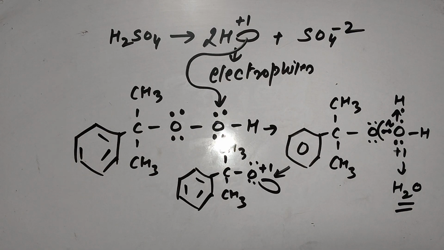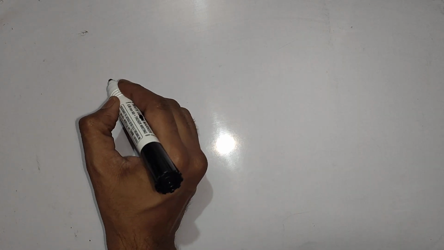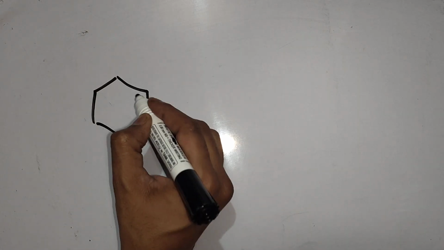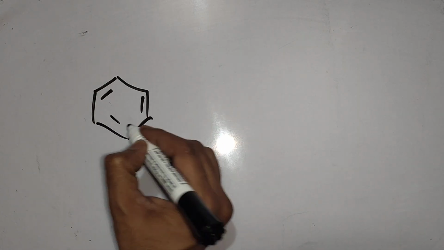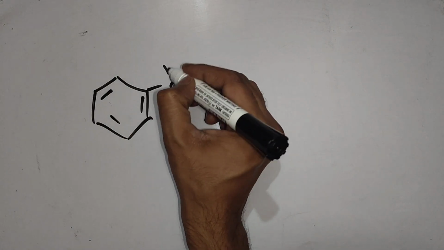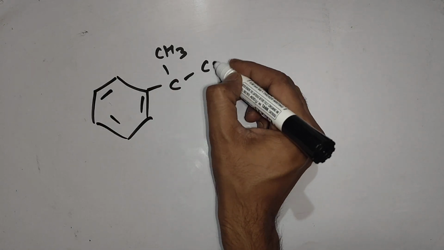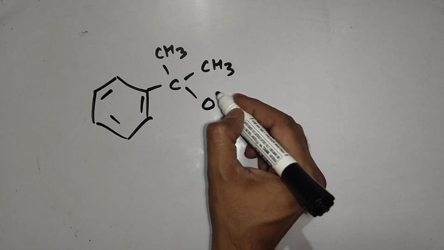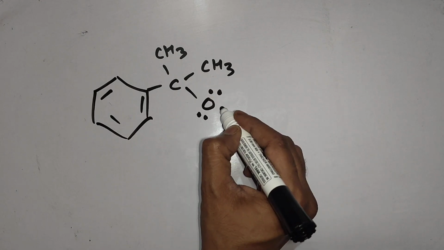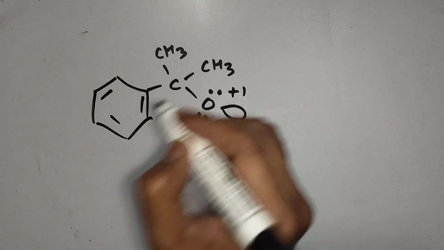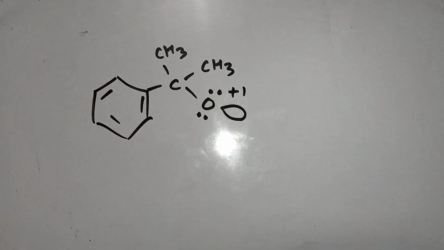Let's check. This is an oxygen with a vacant orbital, positive charge, wants electrons. Yes, vacant orbital is there, wants electrons. Who can provide electrons?